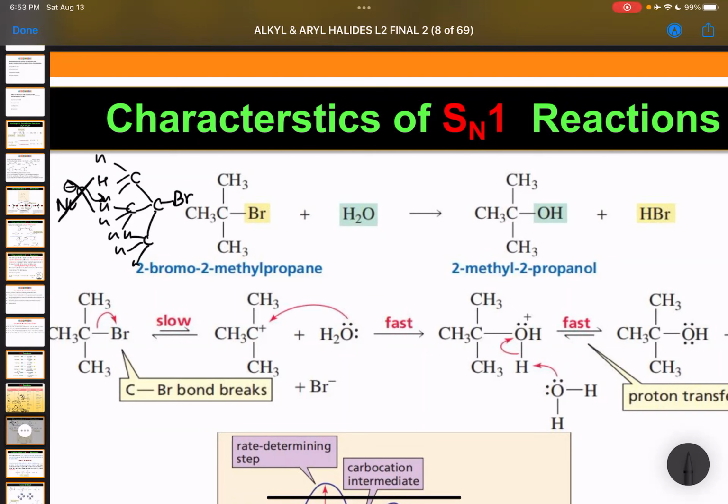So one way we already discussed, in which both things happened simultaneously. I think it is attachment of nucleophile and then cleavage of the C-X bond. Yeah, that could be one of the options.